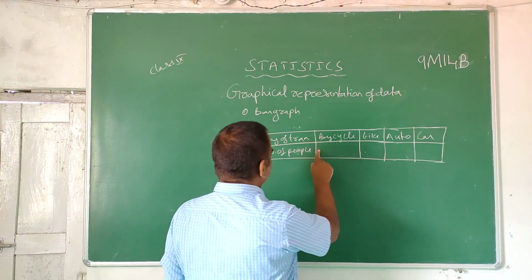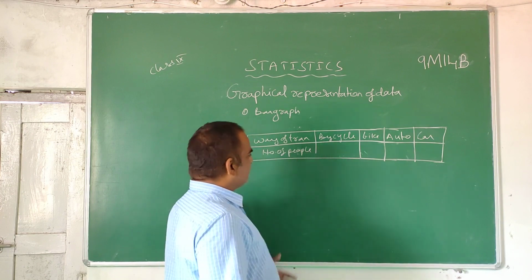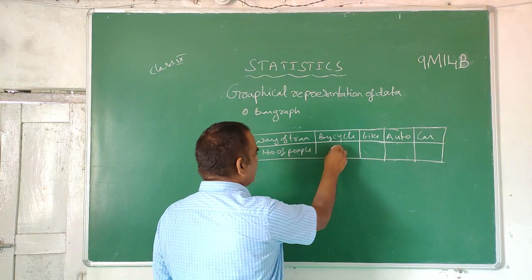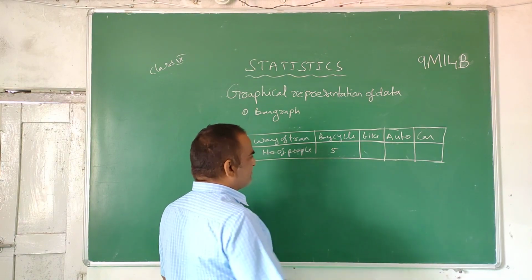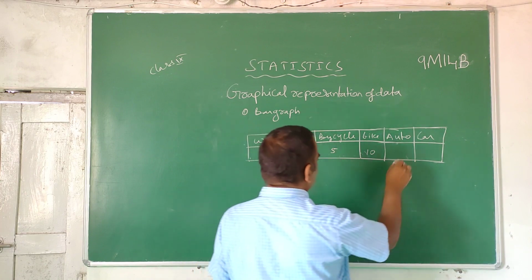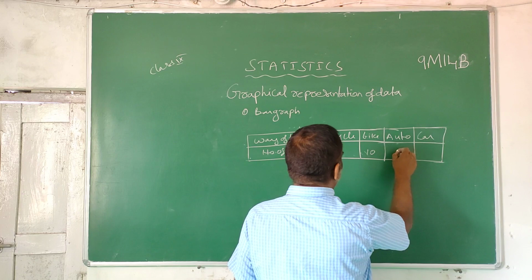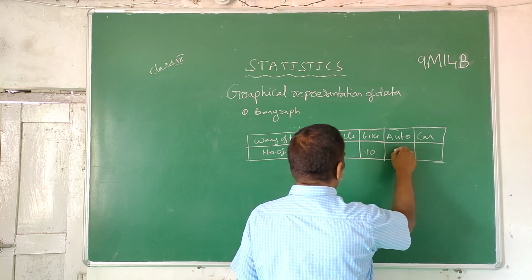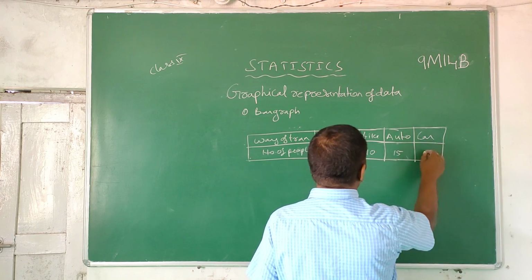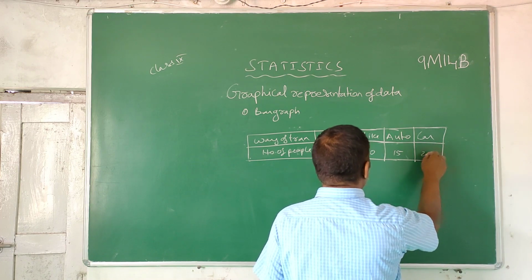Suppose in a particular locality, the number of people who are going by bicycle is say 5, bikes are used by 10, autos are used by 15 people, and cars are used by say 20 people.